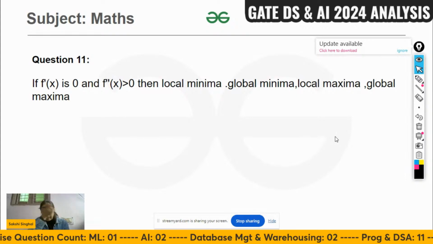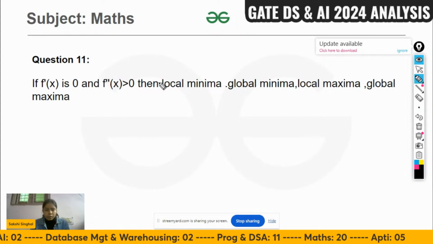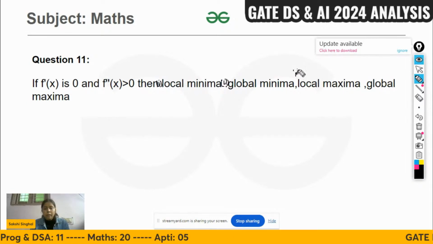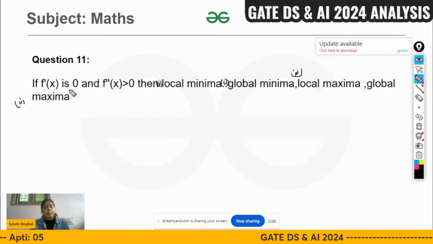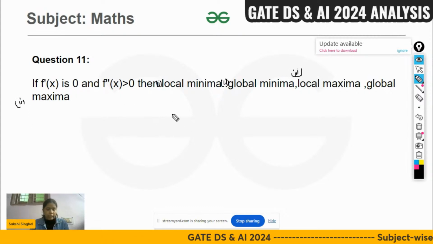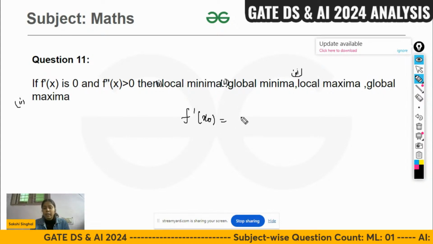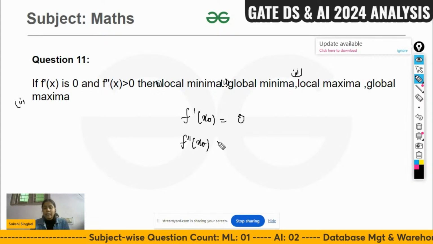So the question was there, and these are the options. First option, local minima, second global minima, third local maxima, and fourth global maxima. Let me rephrase this question. Let's suppose that at any point x naught, my derivative is 0, and at that point my double derivative is greater than 0.